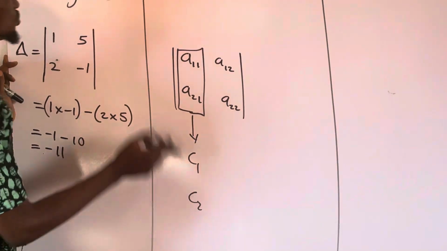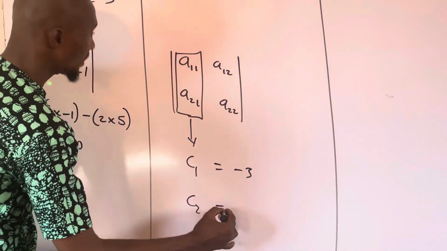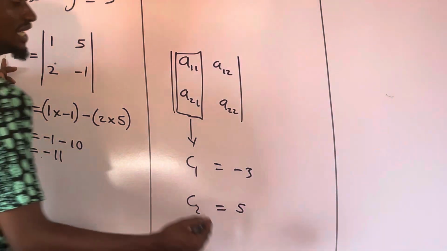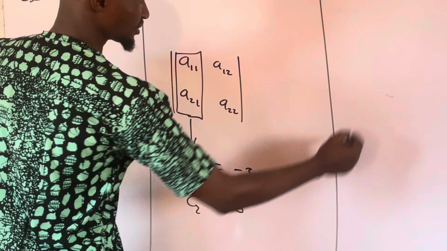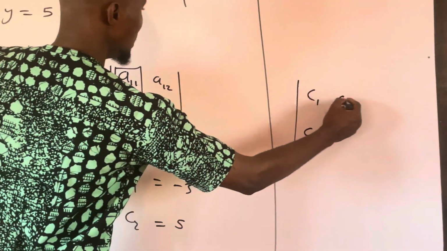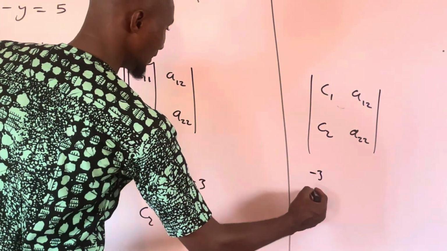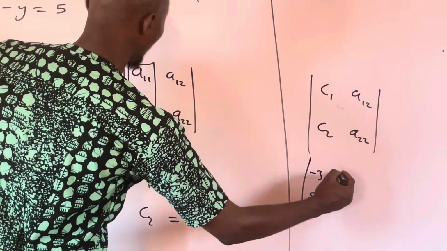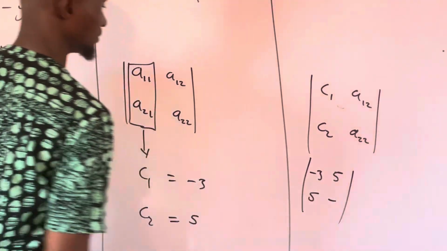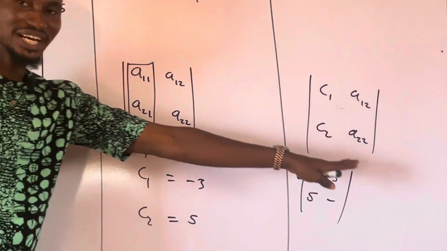So this C1, C2 means minus 3 and 5. We then have C1, C2, A12, A22, and this means minus 3, 5, 5, minus 1.